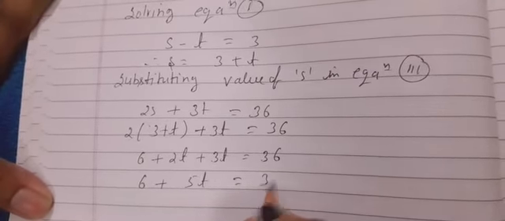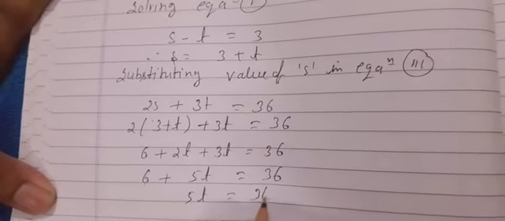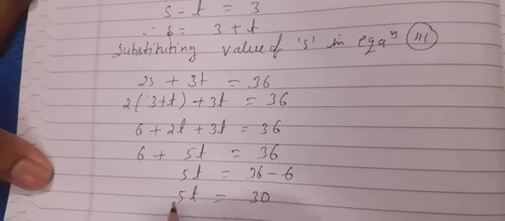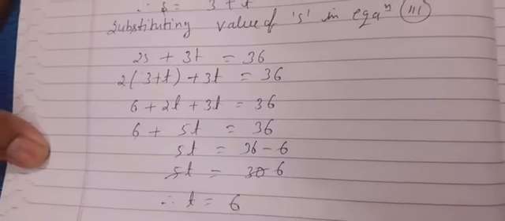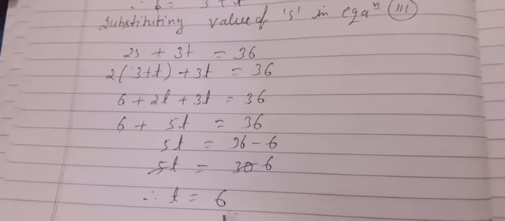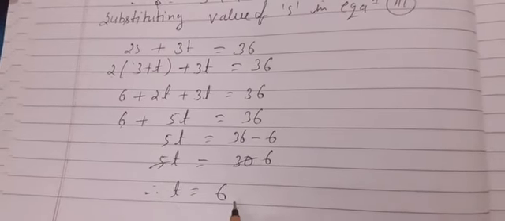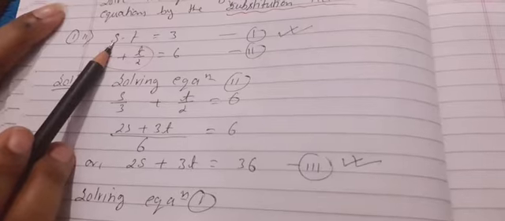We will transfer 6 to that side, so this is 36 minus 6. So 5t is equal to 30, and 5 sixes are 30, therefore t is equal to 6. See children, now we have one value. We solved one variable, that is t is equal to 6. Now we have to find the value of the second variable, s.